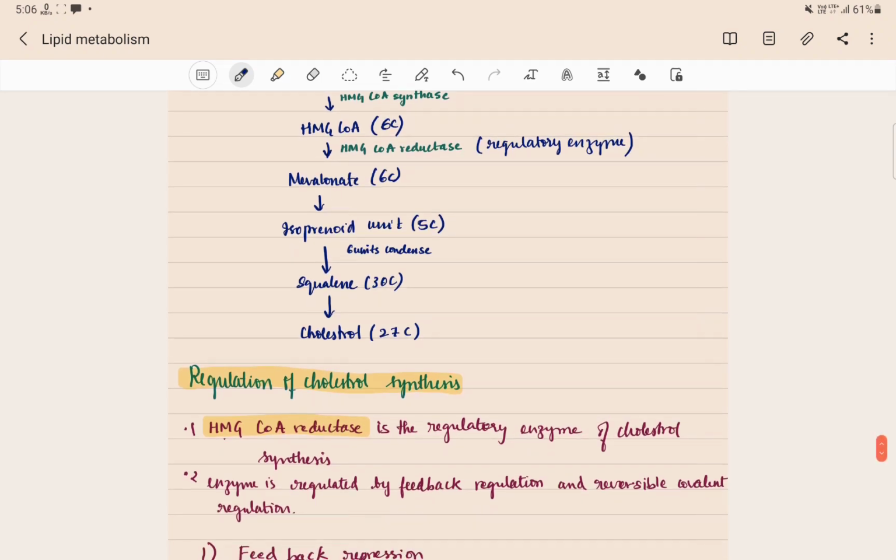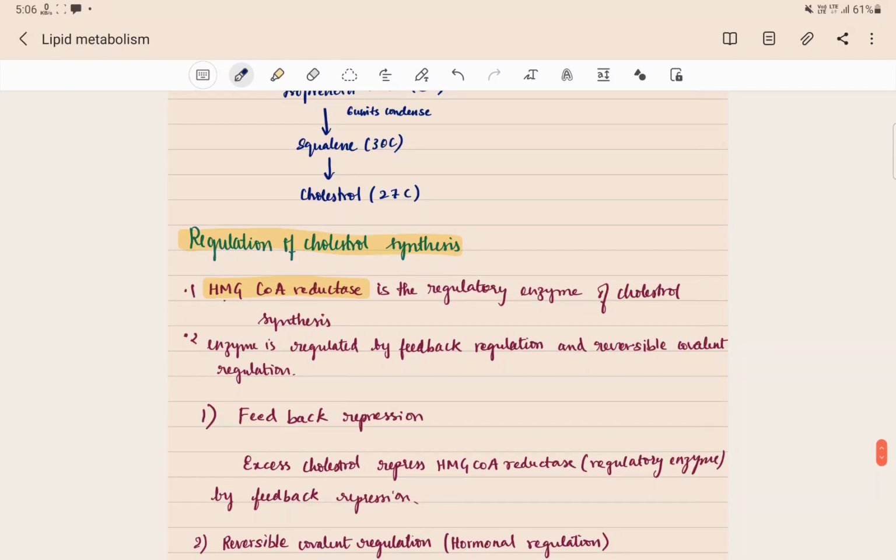It does so by feedback regulation. That is one way, and another regulation is by reversible covalent regulation.